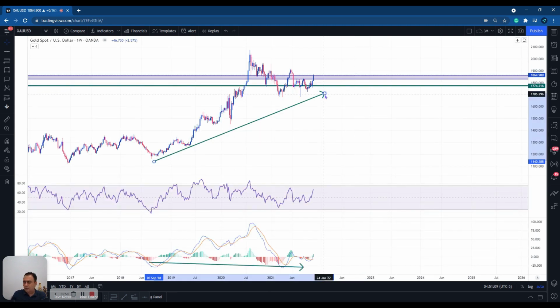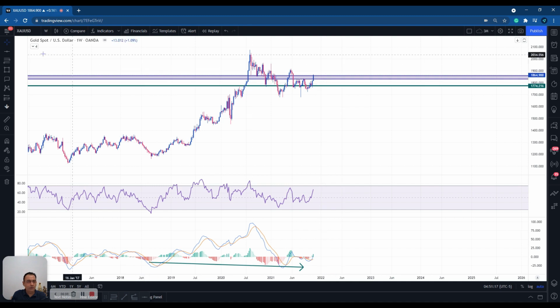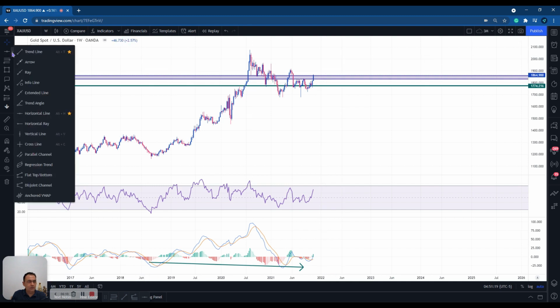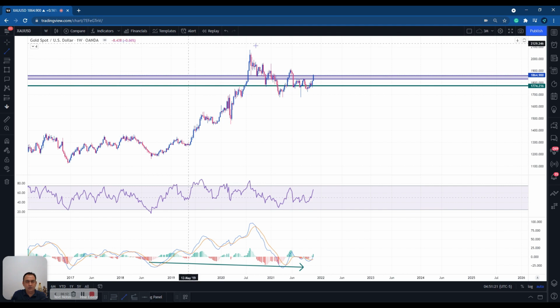I'm just removing this arrow. Perfectly broken 1830 resistance. We are on the weekly, and the falling trend line is broken with momentum. What is coming up next?